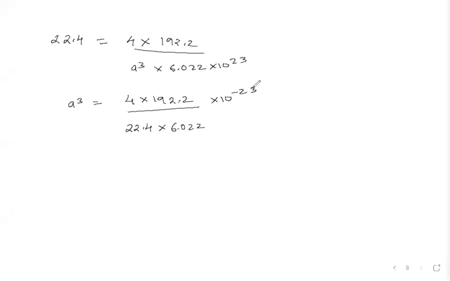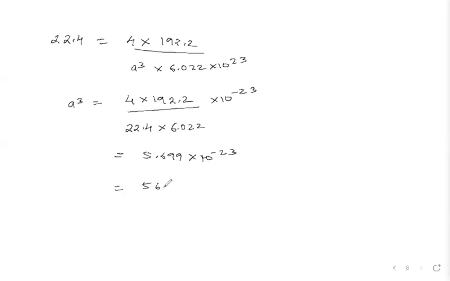तो क्या हो जाएगा? 4 multiplied by 192.2 divided by 22.4 divided by 6.022. तो ये कुछ आता है 5.699 into 10 raised to -23.